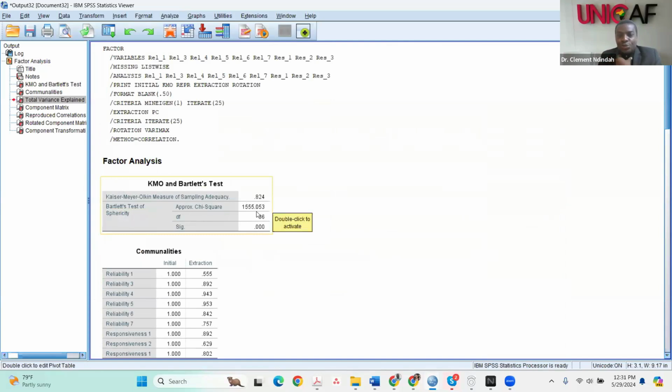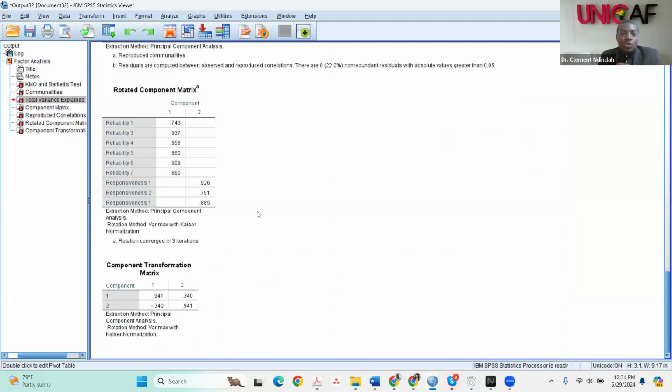We report these two, and we also report this rotated component matrix. This is what tells us that these variables should all be grouped in this category, and these other variables should be grouped in another category. And these different categories better explain the construct that we are trying to evaluate properly.